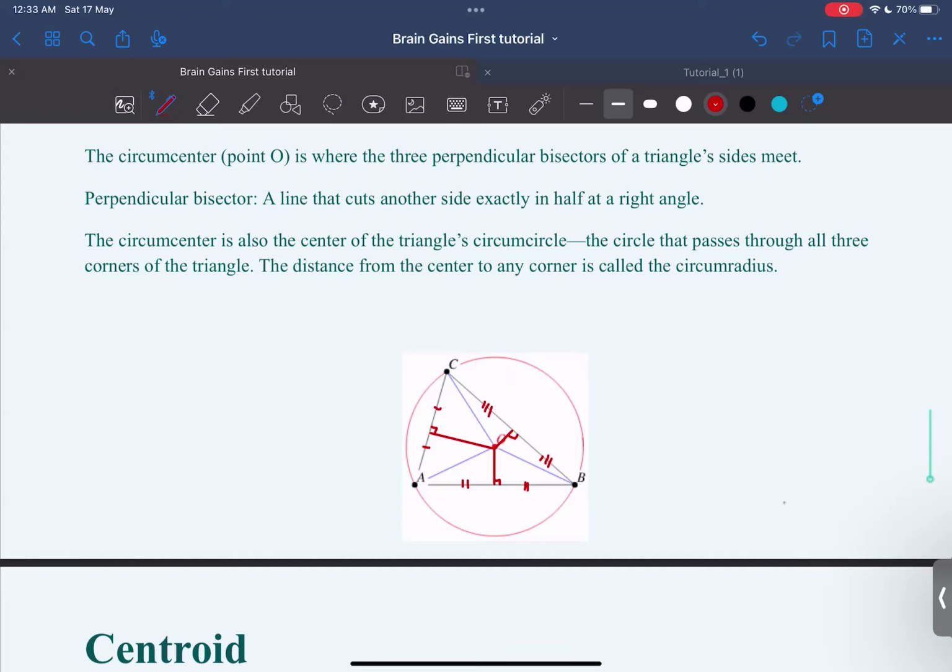No, that's okay. Basically, the circumcircle is just a circle that passes through all three corners of the triangle. The circumcenter of our triangle is going to be the center of the circle that passes through all three corners of our triangle.